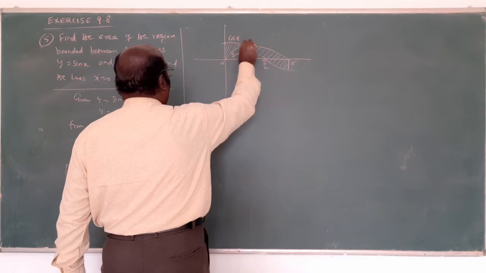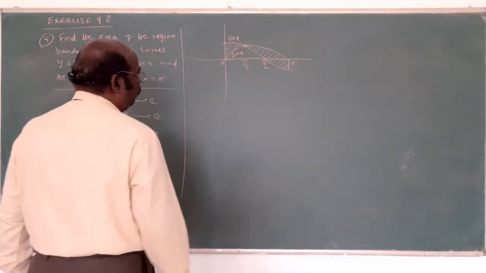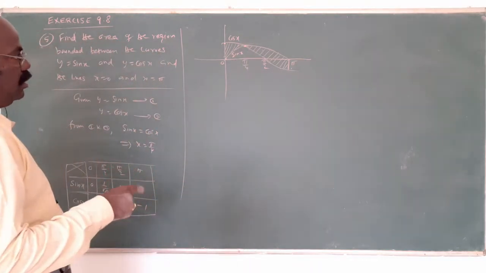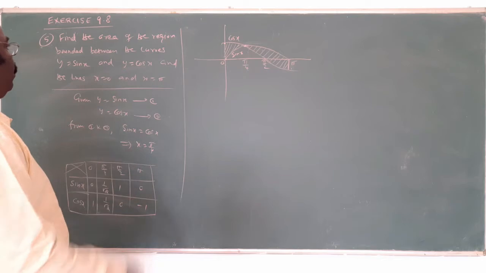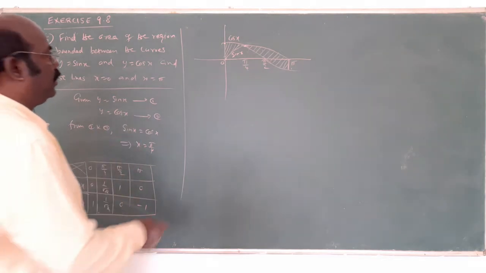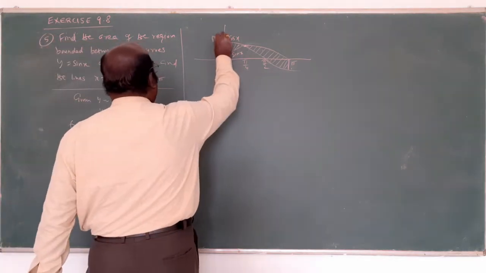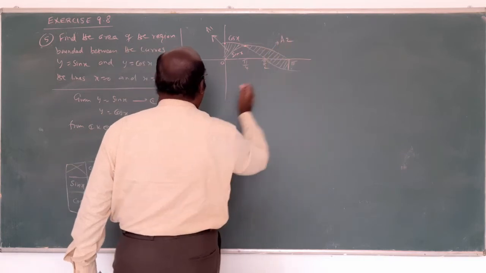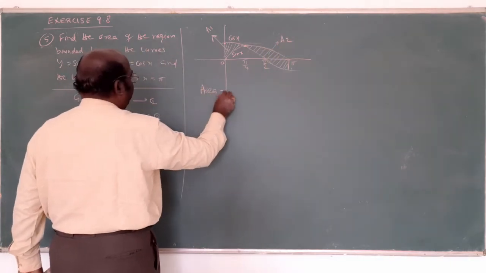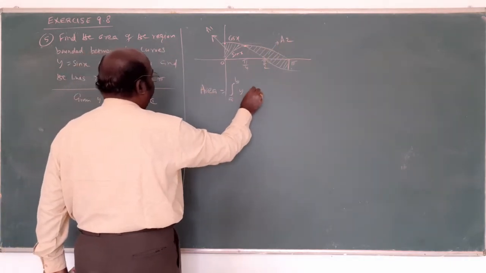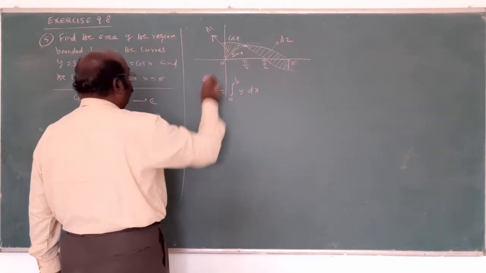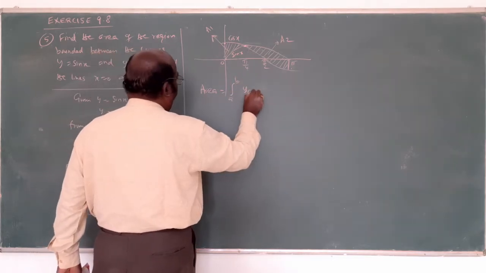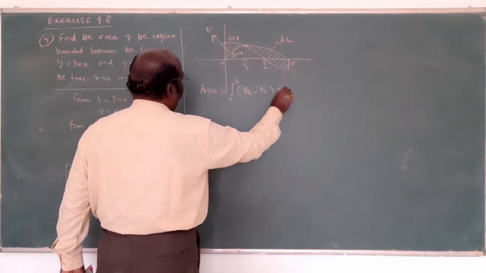Here pi by 4 is there, with the point pi by 4, 1 by root 2. I am calling this area A1 and this area A2. The formula is the same: y dx alone is not enough. That's why the formula is y_G minus y_L dx.